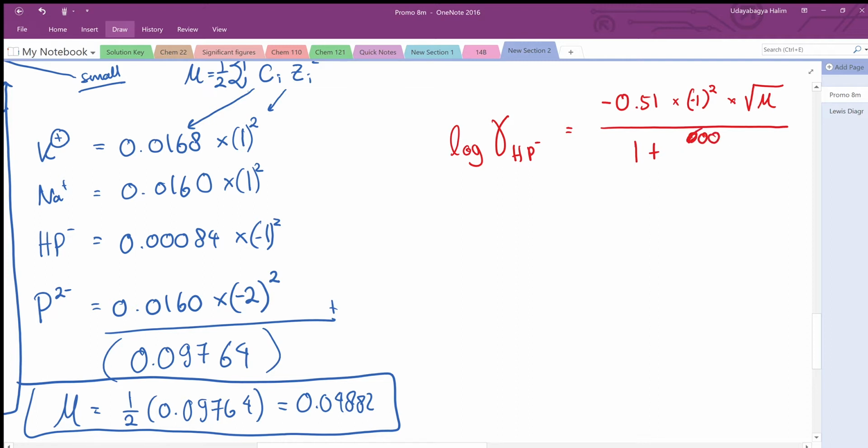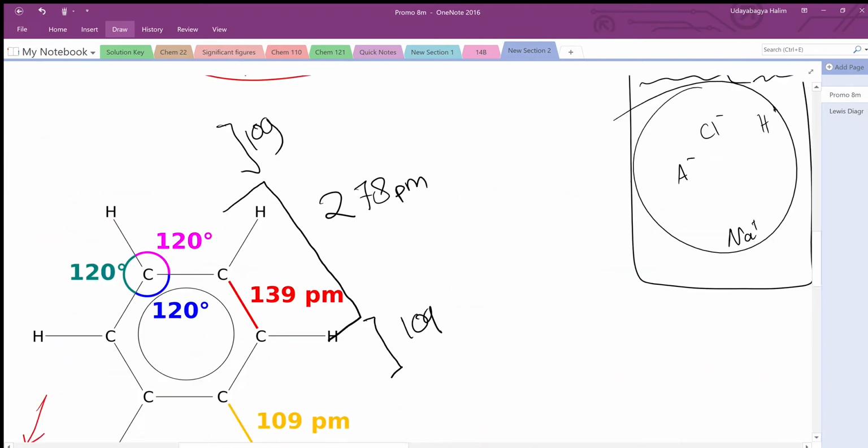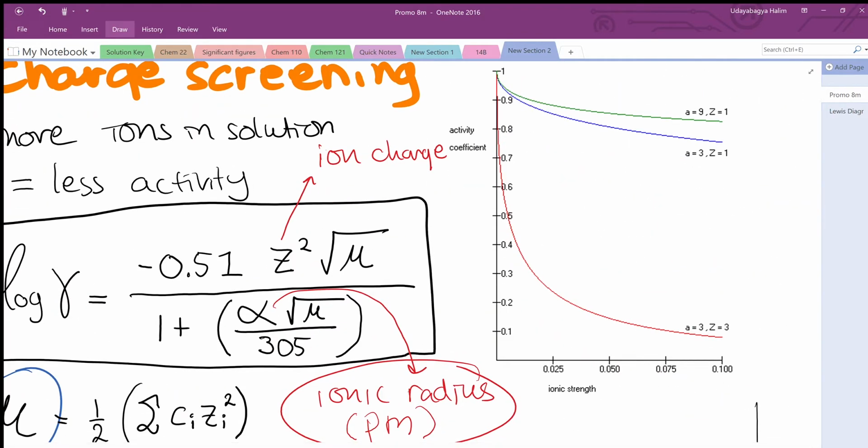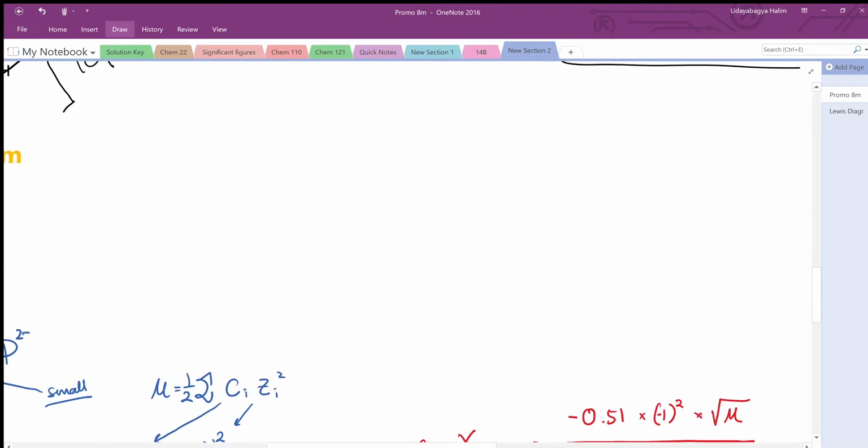Again, this whole thing is a unitless quantity, divided by 305 times the square root of mu. Let me just double check that I have the right equation. Yeah, that's about right.